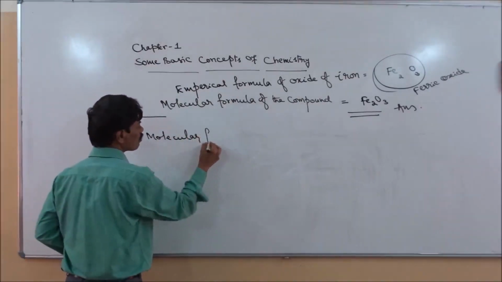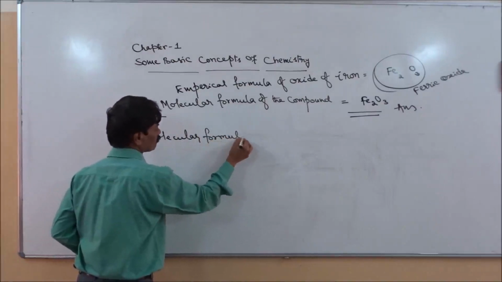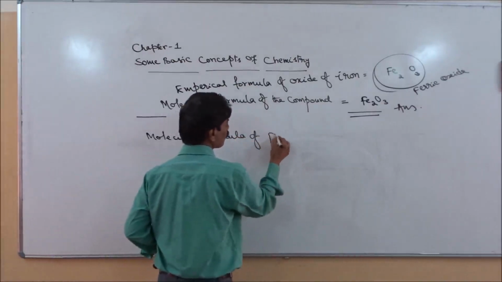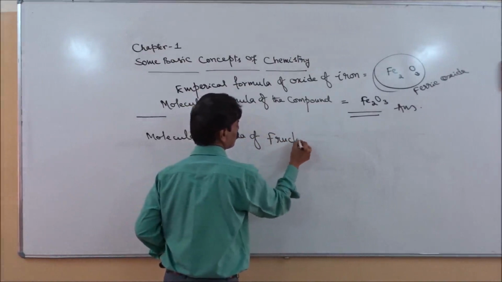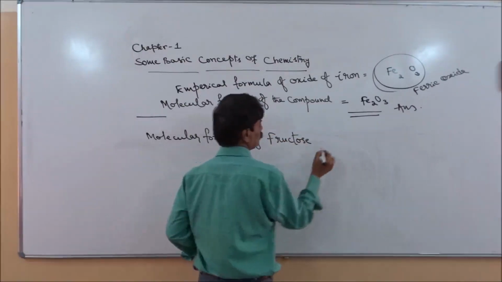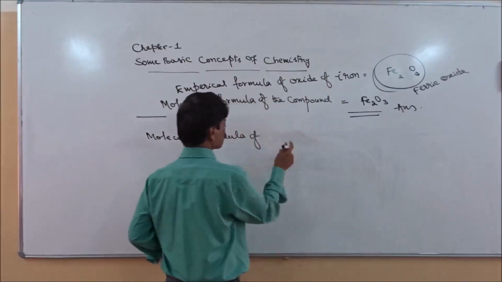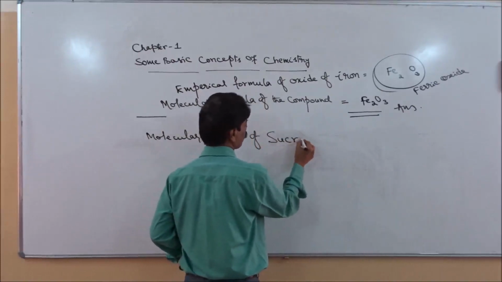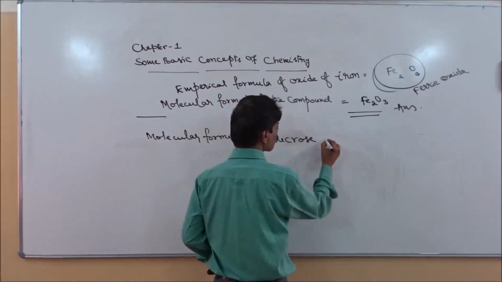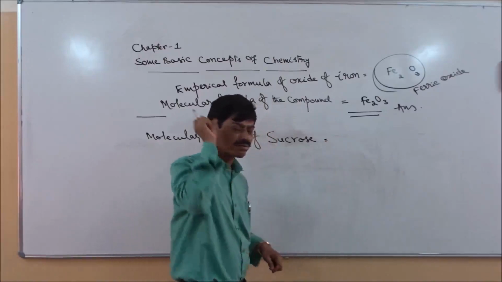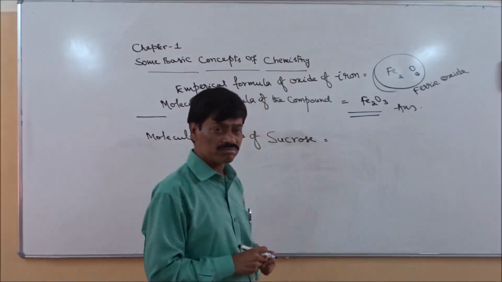Molecular formula of sucrose. So sucrose formula is glucose formula multiplied by 2 minus H2O.